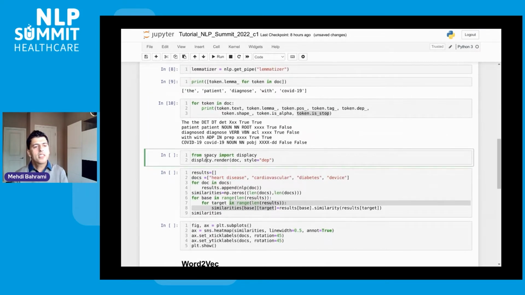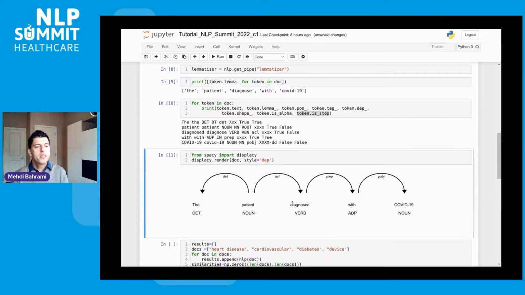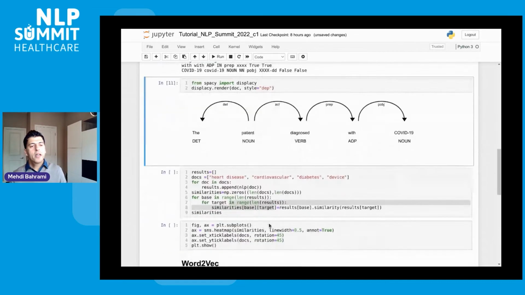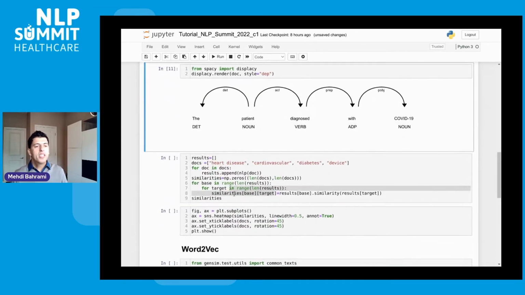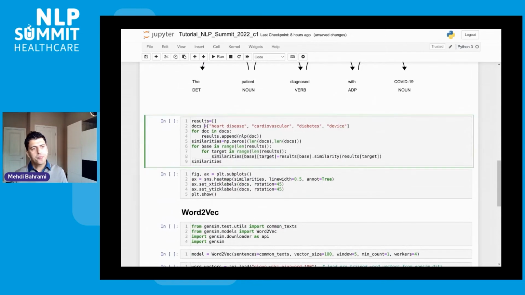We can also use displaCy to visualize this context, as you can see on the screen. Basically, we are looking at the diagnosis with COVID, so you can consider the structure of this sentence.